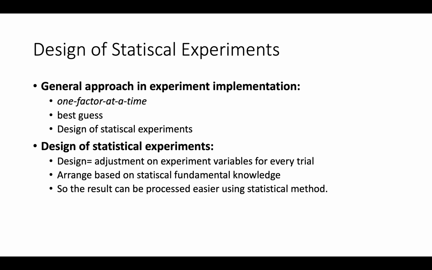There are several approaches that can be used in doing experiments. The first one is one factor at a time. When we have several experimental factors of interest, for example temperature and pressure, we choose values for temperature and values for pressure, and then we do all possible combinations of those values.